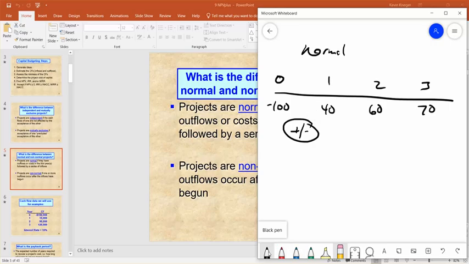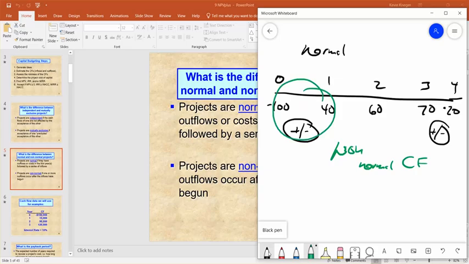So if I have a final cash flow that's, say, negative 20, then the sign changes again here and now I have non-normal cash flows, because I had the sign change from negative to positive here, and then positive back to negative there. It's those multiple changes in sign that make a cash flow string non-normal.